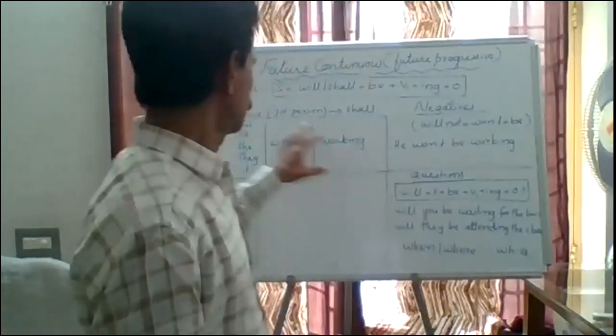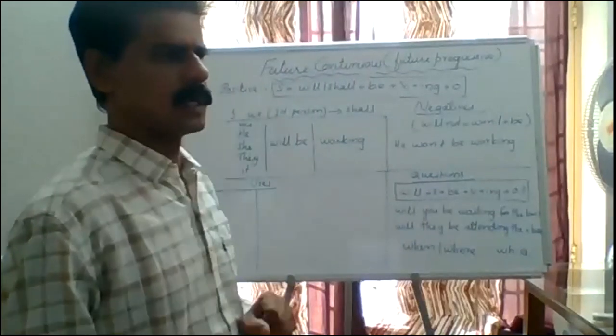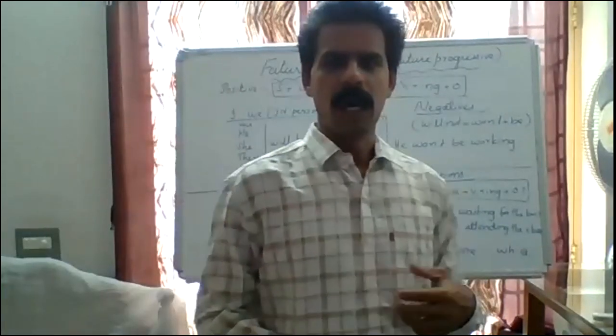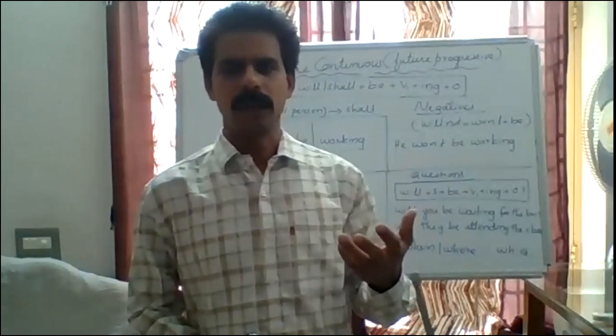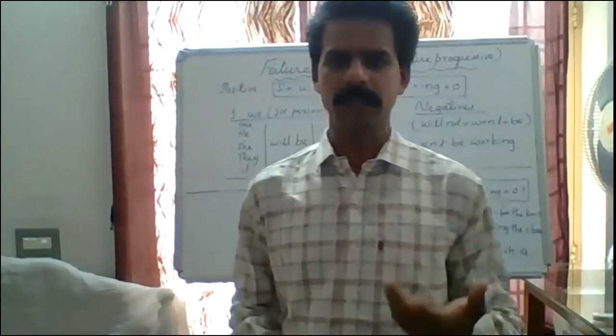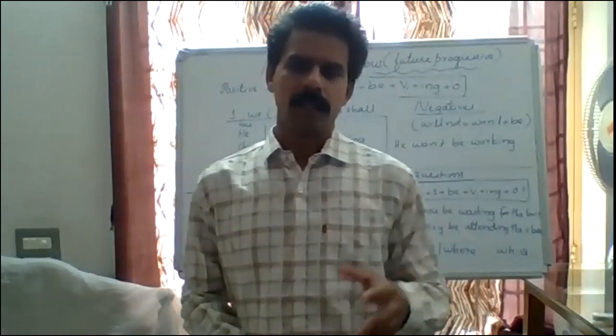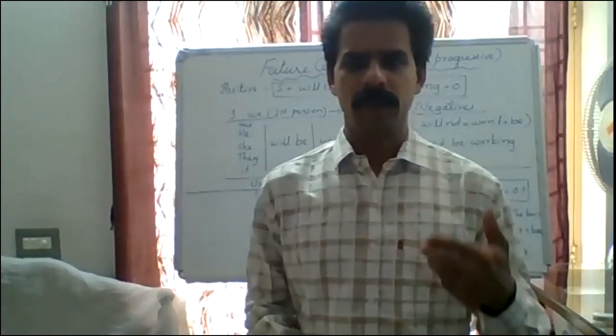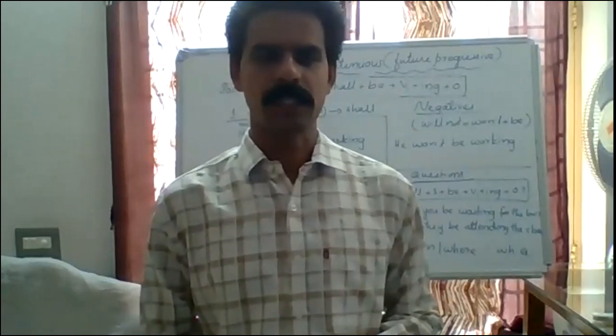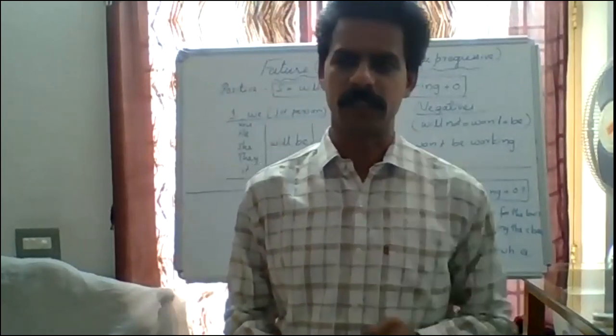Then let us see one example. I will be or I shall be, both are correct. Generally, what are the first persons? I and we are the first persons.